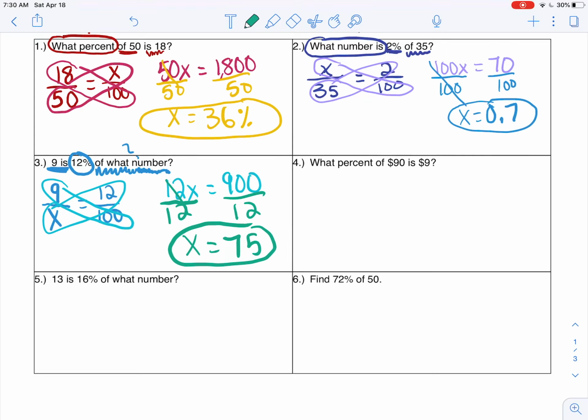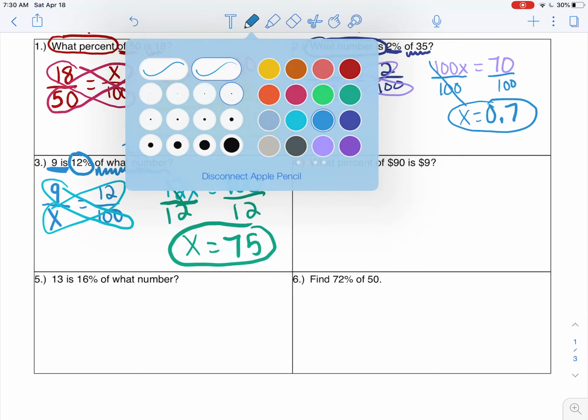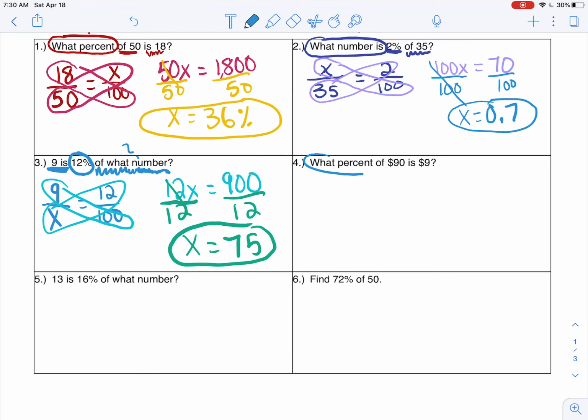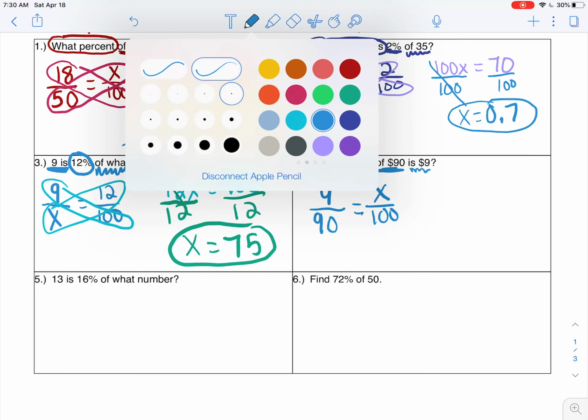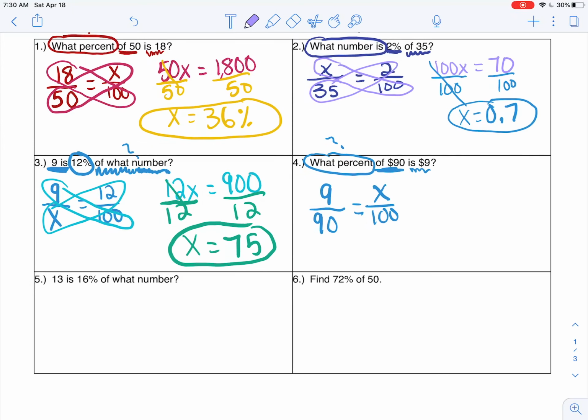What percent of $90 is $9? Okay, so we're going to circle this because this is what we're trying to figure out. What percent, we don't know. Of 90, the of is 90, is $9. Okay, so let's set up our proportion. 9 over 90 equals x over 100. You know what to do from here.